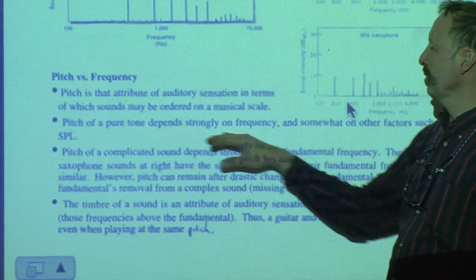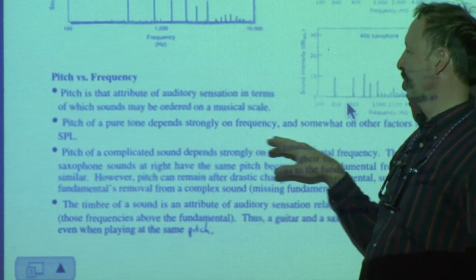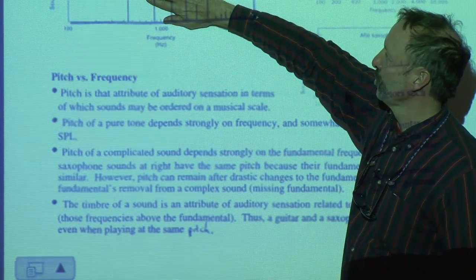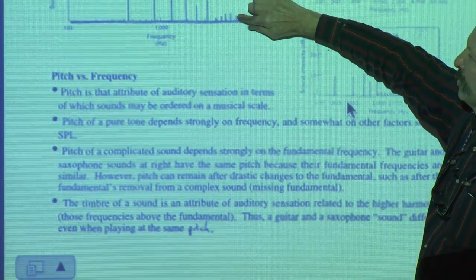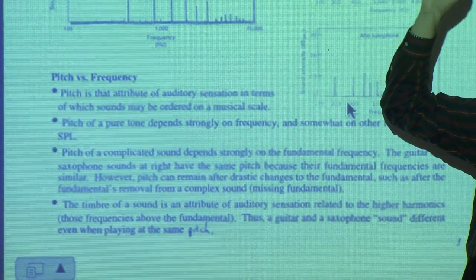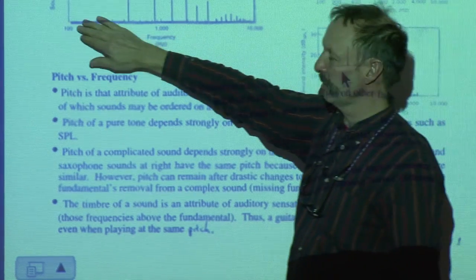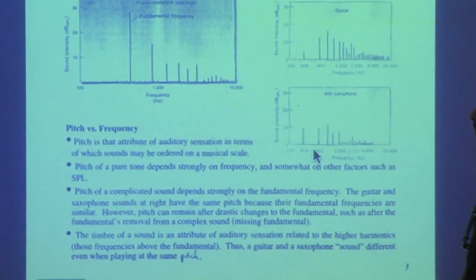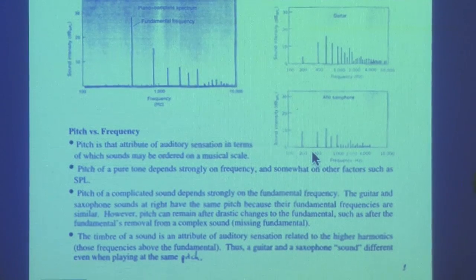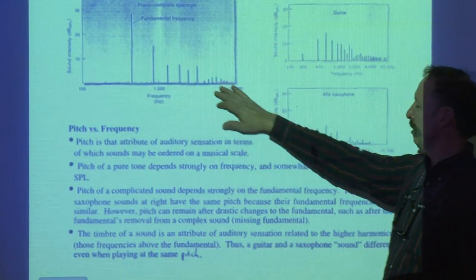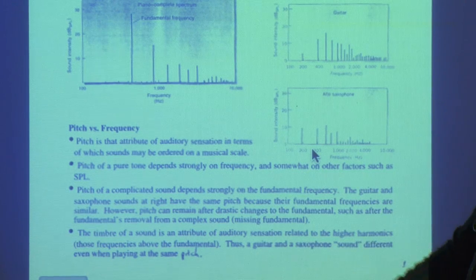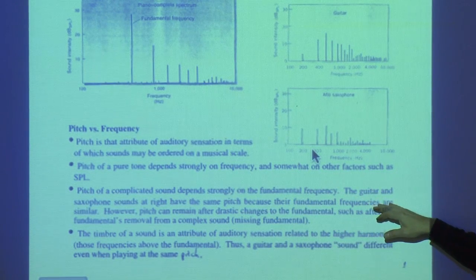The pitch of a pure tone, of course, depends on the frequency. If you move that around up high in frequency, it sounds like a really shrill, high-pitched sound. If you moved it down low, it sounded like a real low sound. The pitch of a complicated sound, that is with many overtones and harmonics, depends strongly on the fundamental frequency.